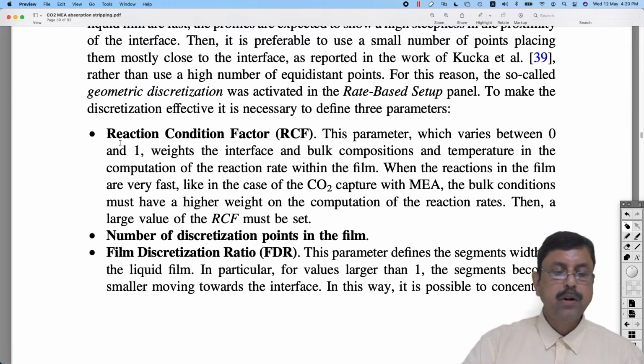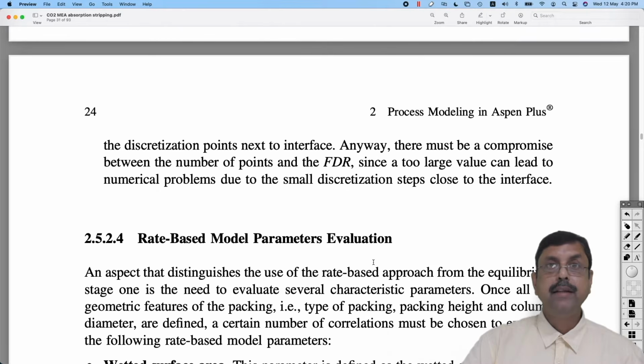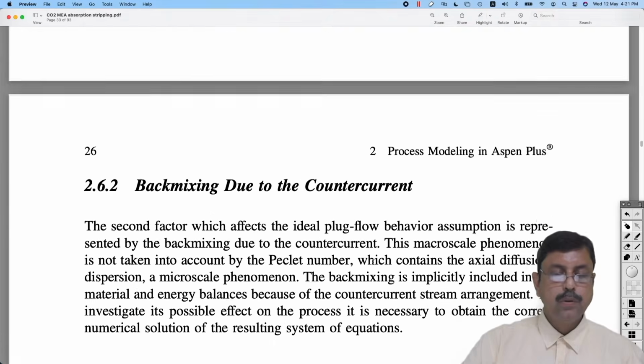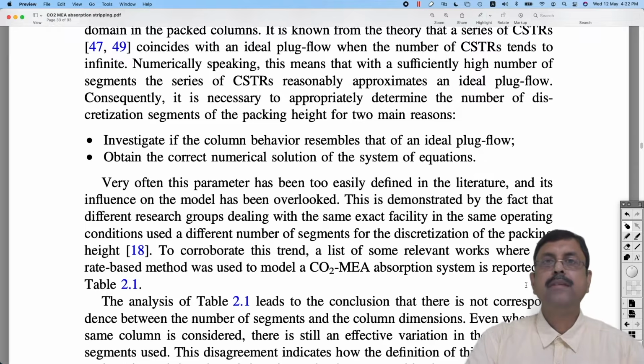Now you will come across reaction condition factor, film discretization ratio, number of discretization points in the film. These are a few topics that you will come across while running the simulation. Okay, so this will come later. First, let us go to the Aspen Plus simulation window and start preparing our simulation. This particular simulation involves a lot of components and a lot of reaction mechanisms.